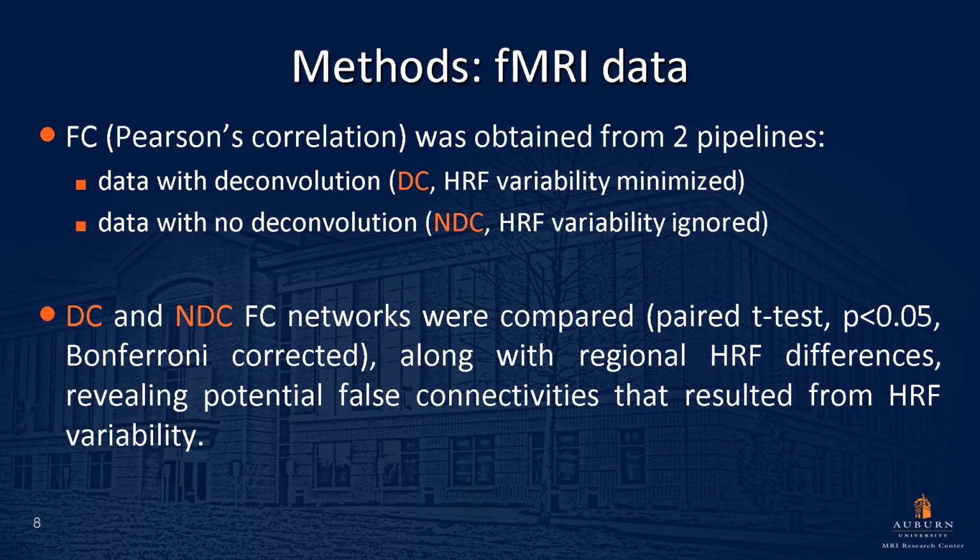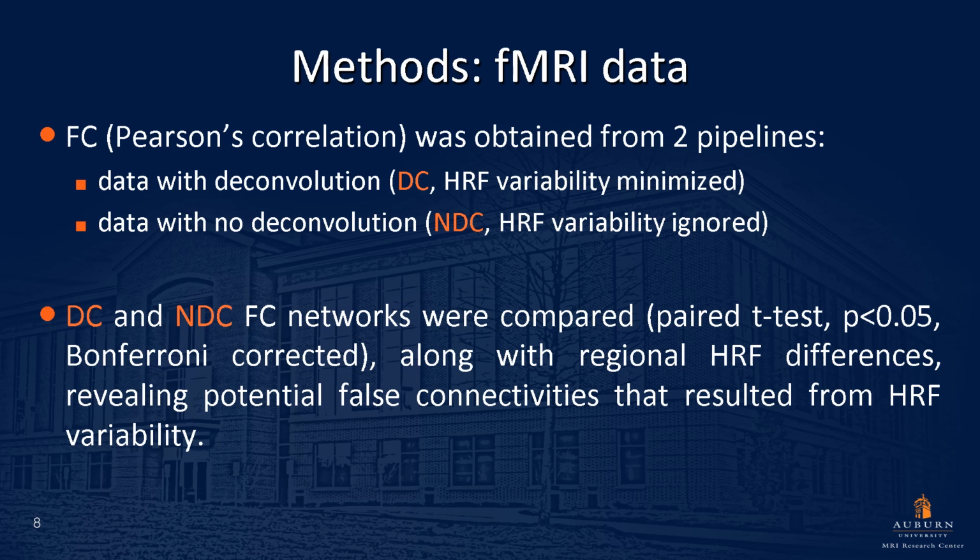Then we found resting state functional connectivity using Pearson's correlation from two different pipelines. One was data with deconvolution, which is HRF variability minimized data, and the other was data without deconvolution, which is the raw fMRI data, or HRF variability ignored data.